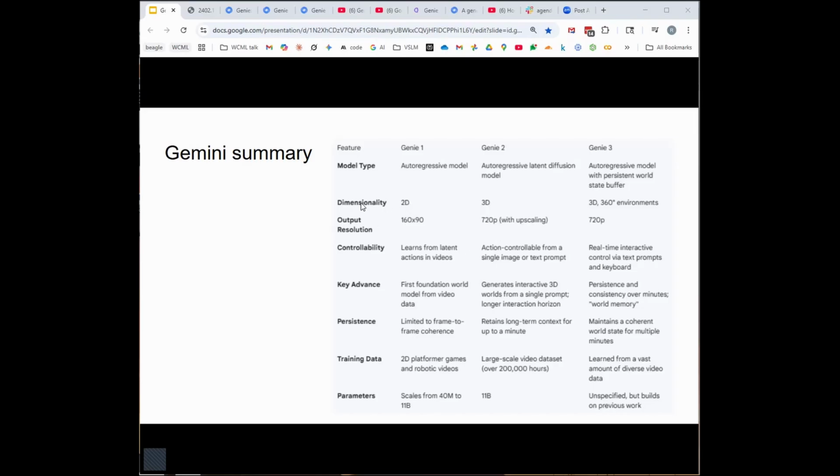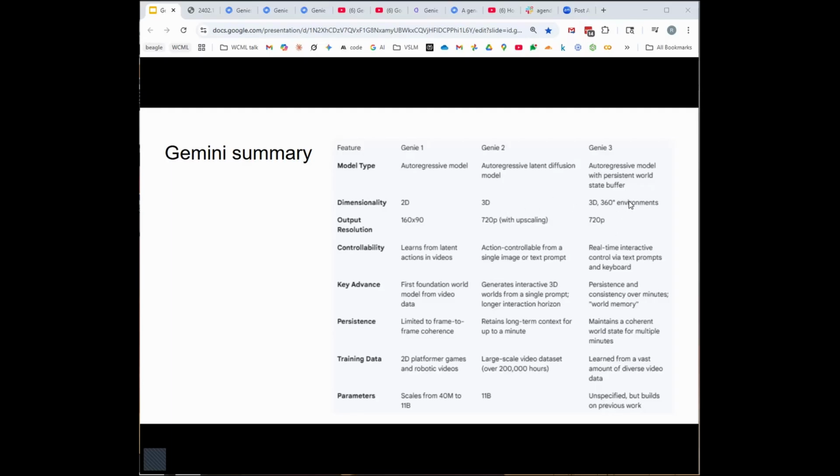The games that they were simulating in Genie 1 were from a platform that does 2D games. So it's just little 2D characters running around a 2D world. Whereas in Genie 2, they started modeling 3D. It's not that they're presenting 3D, they're still generating 2D images, but the world that they're modeling is a 3D type of world.